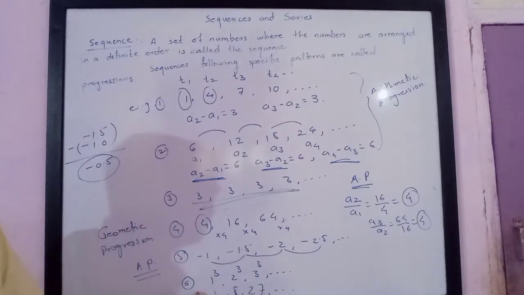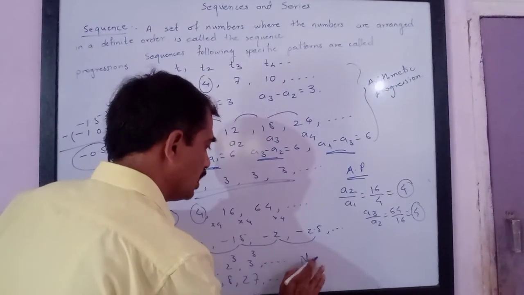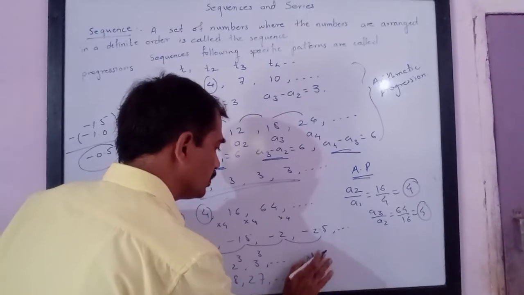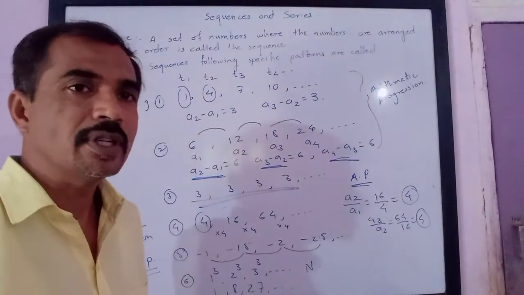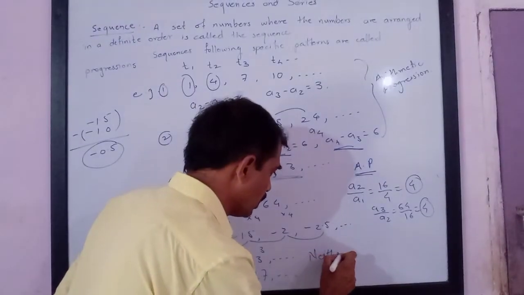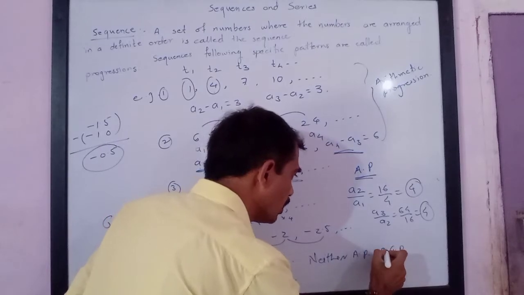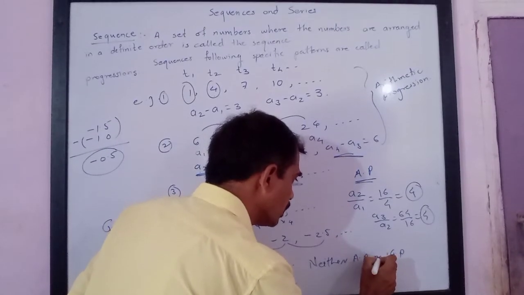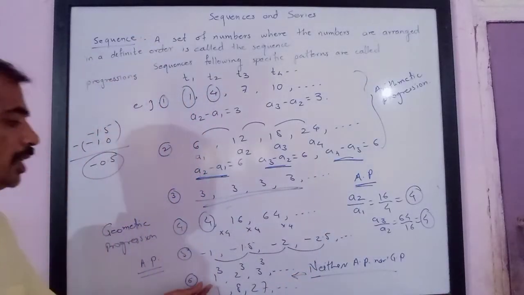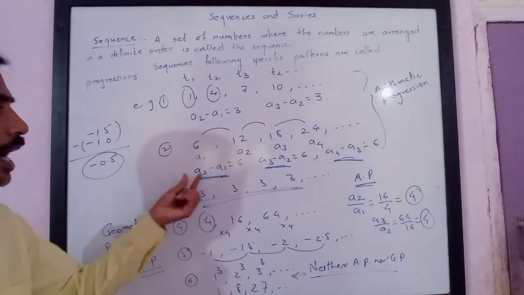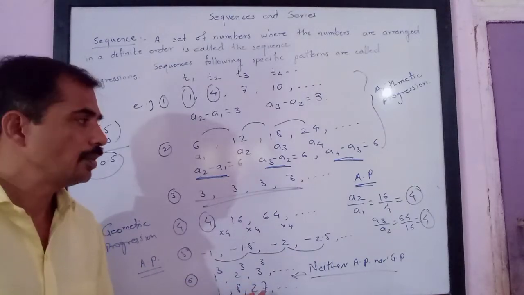So this is neither AP nor GP, neither arithmetic progression nor geometric progression, because it can't be obtained by adding a consecutive number or by multiplying by a consecutive number.